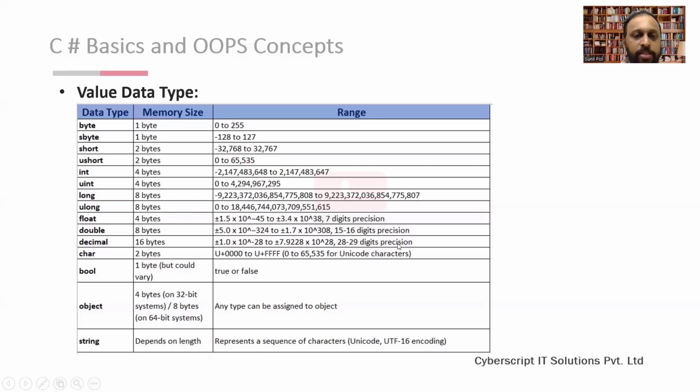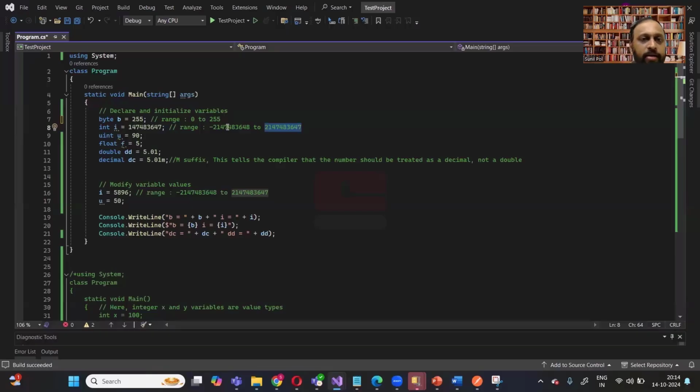In financial applications, this precision is very important for financial calculations. These are the value data types, and they are stored in the stack instead of the heap memory.